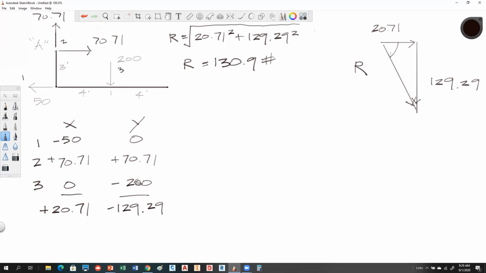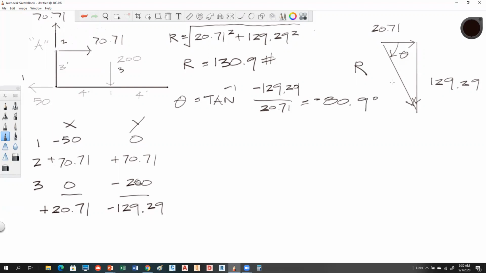So we need to know the angle. The angle here would be this angle theta, okay? So we know that theta, if we look at this, is the arctangent of the 129 over the 20, so arctangent of opposite over adjacent, and that gives us, I get a negative 80.9 essentially degrees.